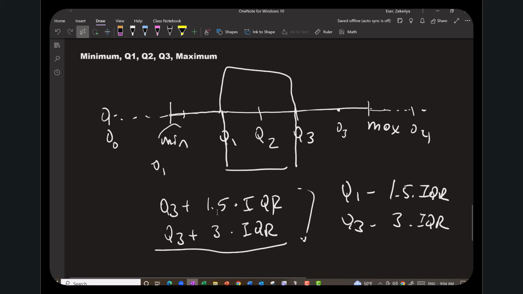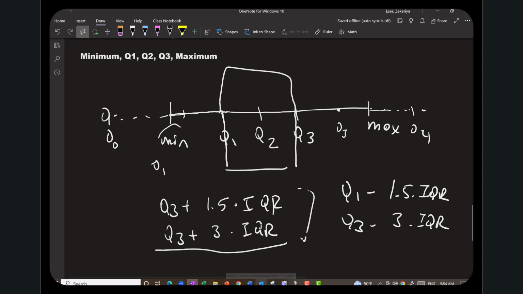Anything above 1.5 IQRs, but less than 3 IQRs, is considered an unusual value. It happens, but it doesn't happen that often. Outliers are just way out there. Again, the same thing applies to the left-hand side.